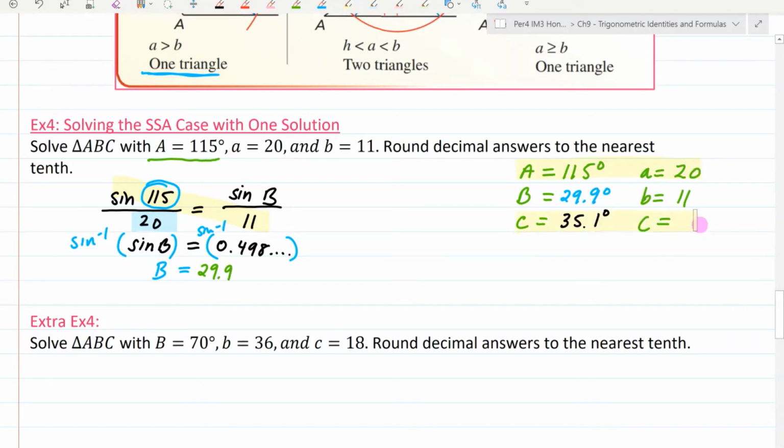So we're going to use the given information: sine of 115 over 20 equals sine of 35.1 over C. We'll cross multiply those two together, divide by sine of 115, and you should get C is equal to 12.7.